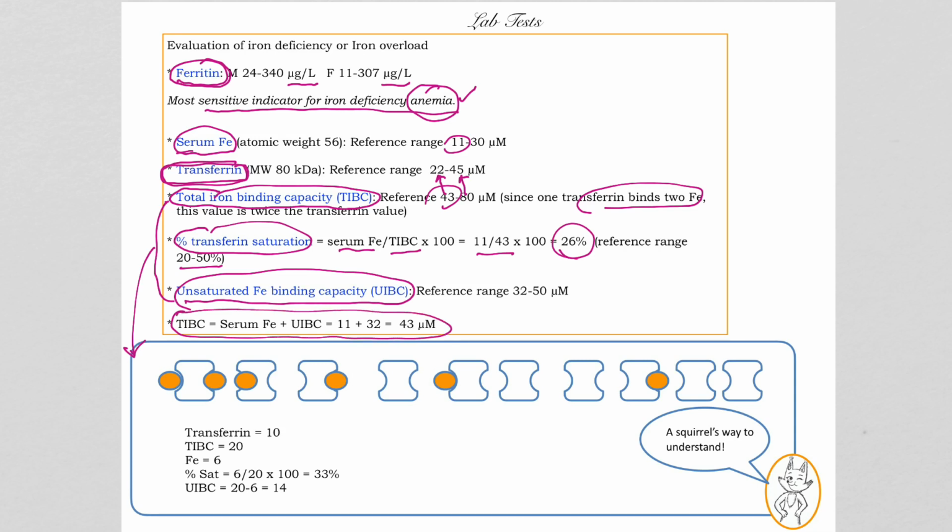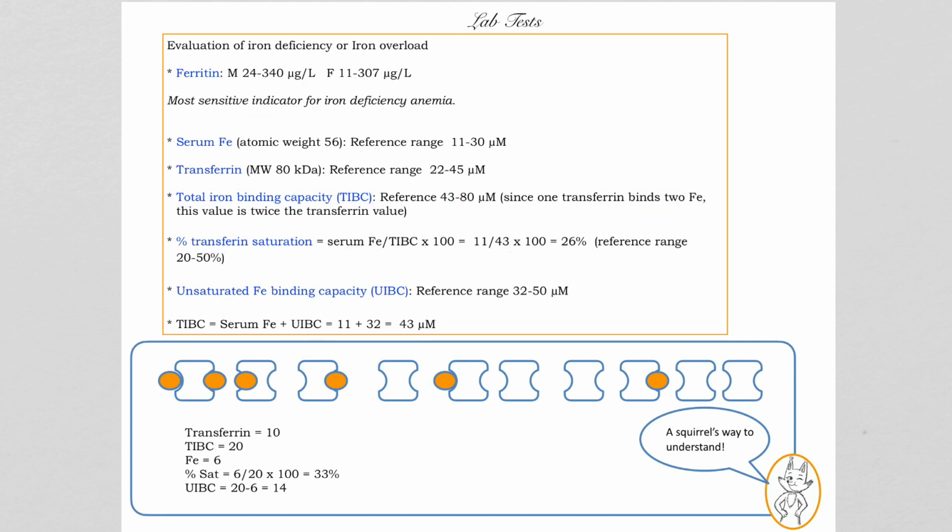Okay, so to understand this, let's use a simple cartoon here. So here we have, let's say, just for simplicity, 10 transferrin molecules. And each transferrin has 2 binding sites for iron.